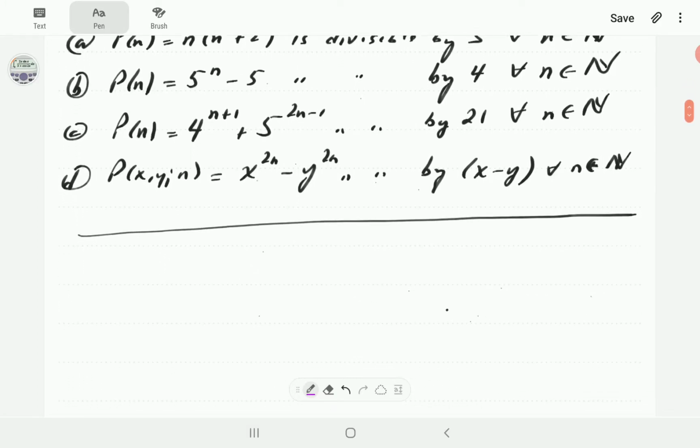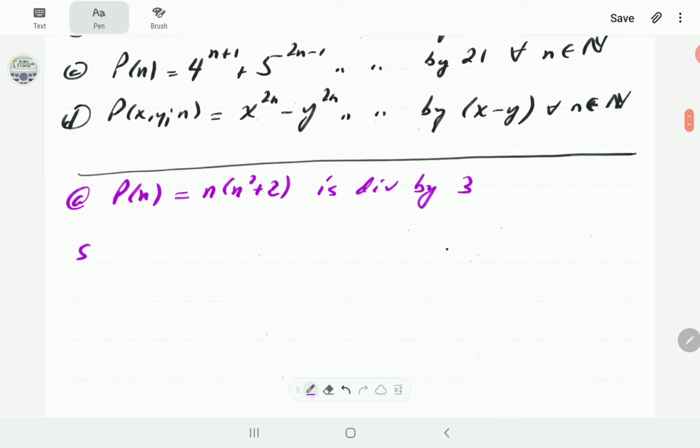Alright, so in A the proposition is that n into n squared plus 2 is always divisible by 3. So step 1, which is the base case, we are going to let n be equal to, say, 2.